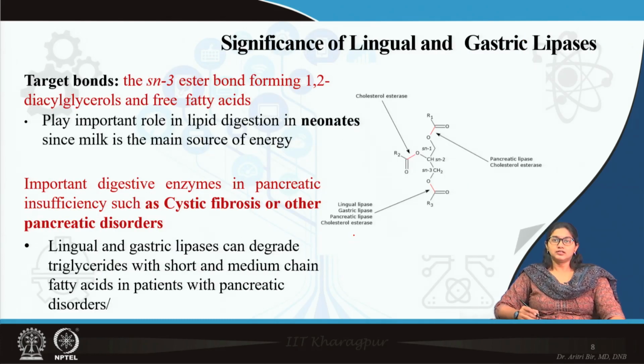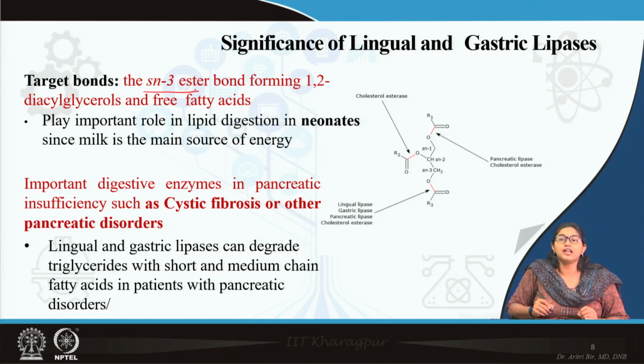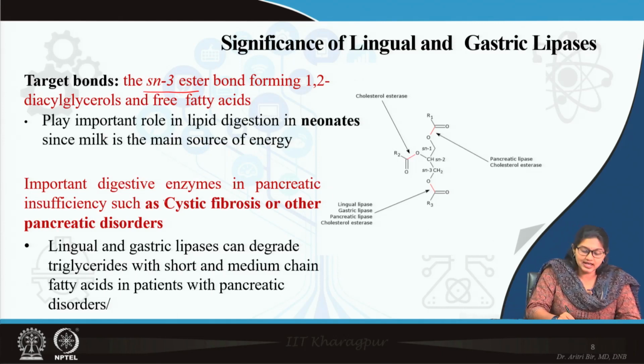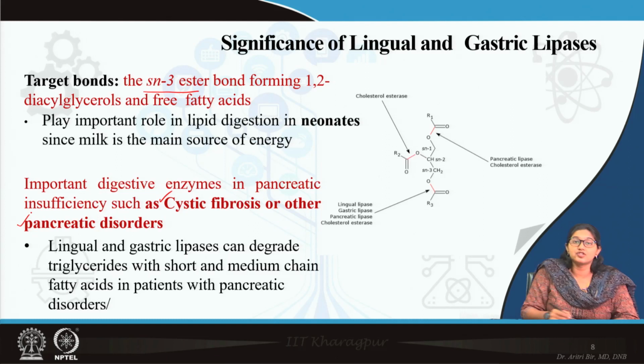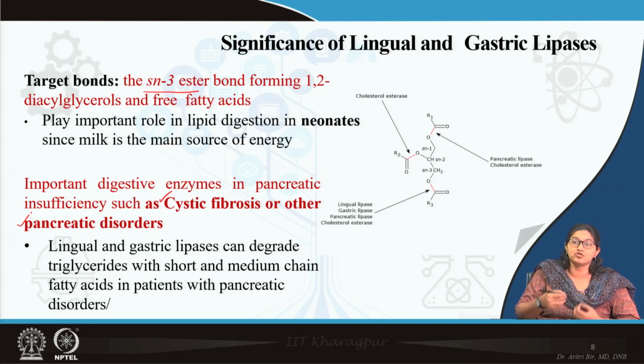Then the significance of lingual and gastric lipase is that, as I have already told, they are specific for SN3 ester bonds, and they are very effective in digesting milk lipids. Now, if a baby is suffering from a congenital disorder like cystic fibrosis or a pancreatic disorder, where the pancreatic lipid digesting enzymes are deficient, those babies can also easily digest milk.